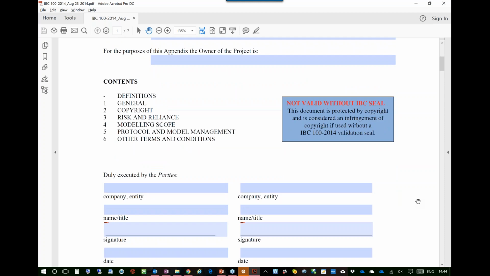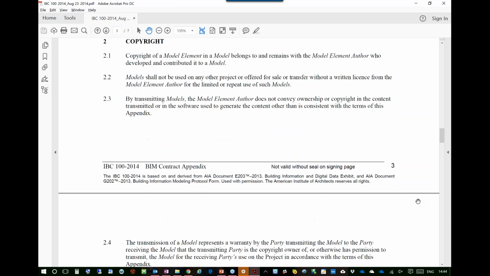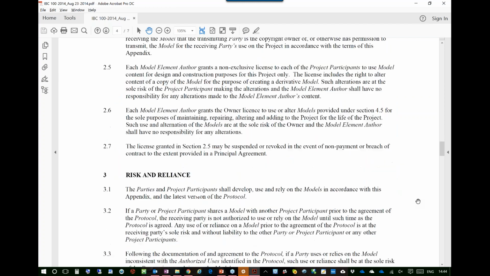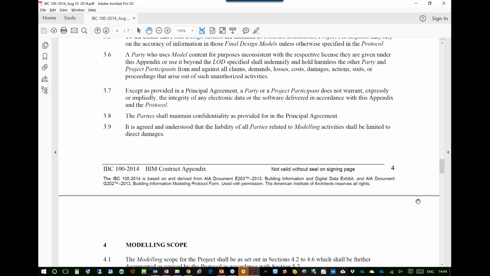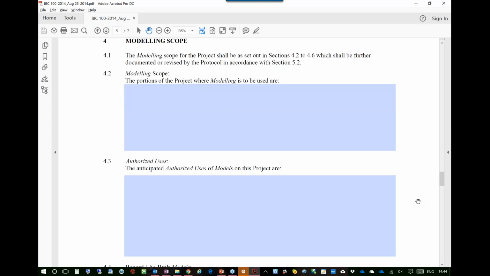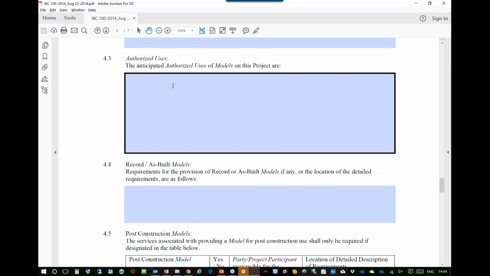So one big fear alleviation is this contract appendix, putting into writing, addressing issues of copyright and risk. What's the modeling scope? Who's doing what? Authorized uses for the models.